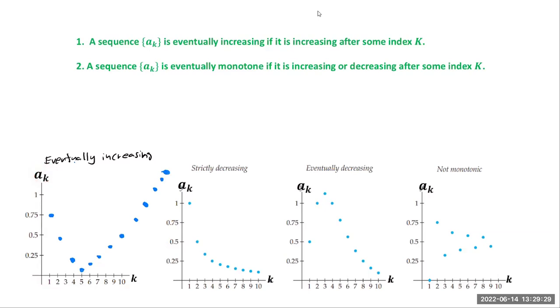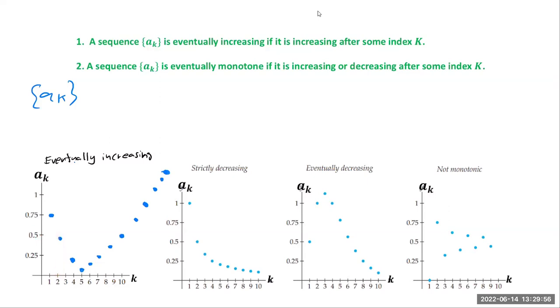I'm talking about the sequence a_k here. I represent the a_k value on the Y-axis and the k value on the X-axis. For example, when k is equal to 1, this is a_1. Your a_1 is 0.75. Similarly, when k is equal to 2, you have a_2. a_2 is roughly about 0.5, so on and so forth.